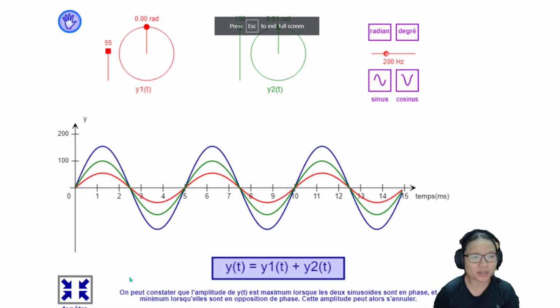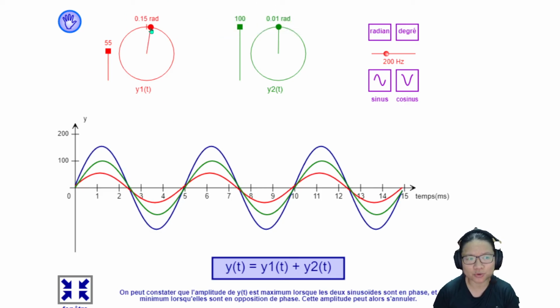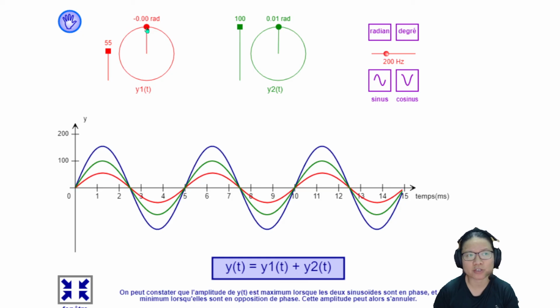The interesting thing about this is, based on how these two waves meet, just to help you contextualize, I've got the principle of superposition. I'm going to take y1 plus y2. So y1 is red color, and y2 is green color. So red plus green, we get blue.